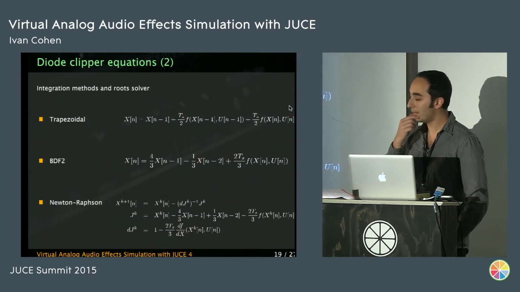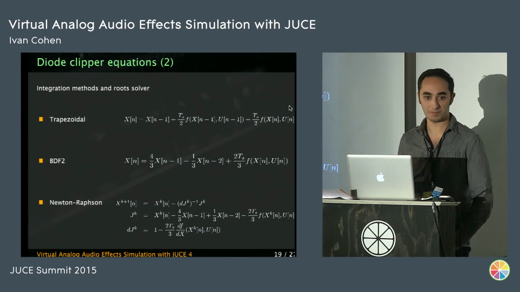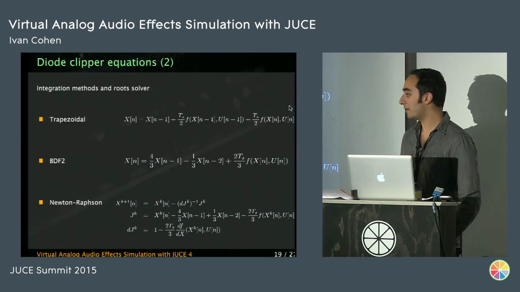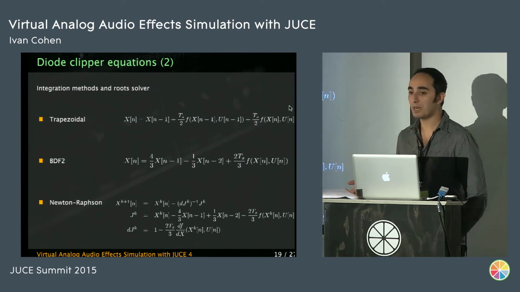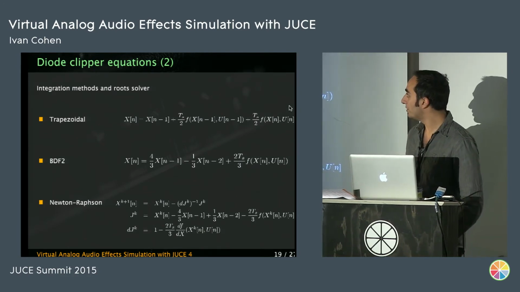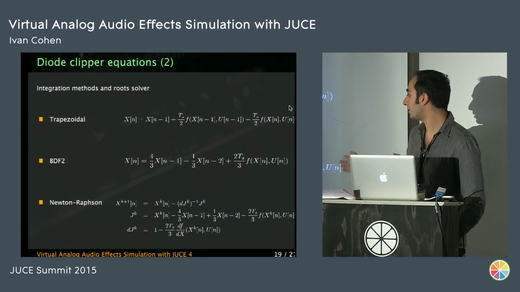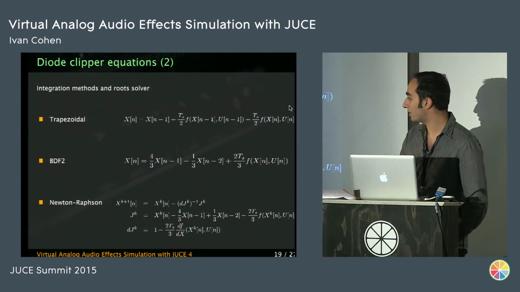And sometimes we have something called transcendental equations. It's when you have some nonlinear expressions you can't explicitly write. You need to use a root solver to get the result of your equation, to get the output people will be able to listen to with your software.